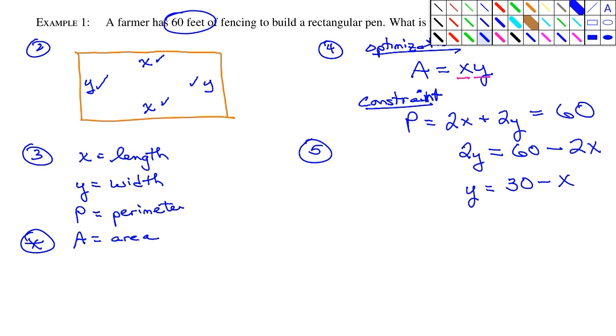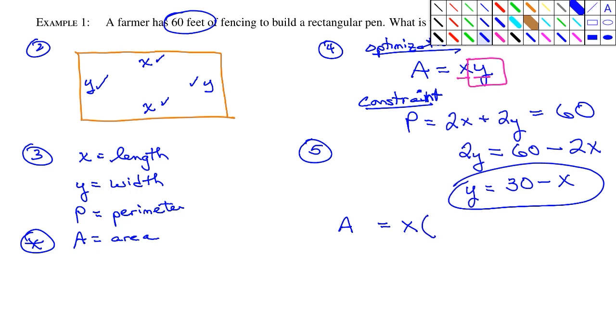So I can take this and substitute that into my A function and get x times, and here where the y was, I'm now going to put in 30 minus x, because that's what y is equal to. Now, in the process of doing this, notice that I have eliminated all of the other independent variables except for the x.